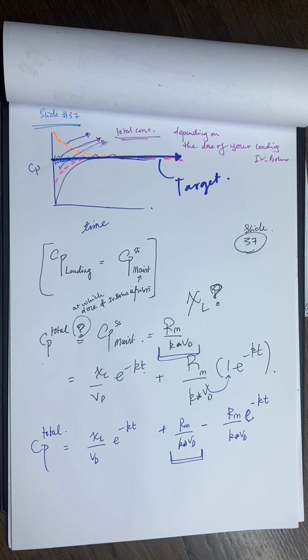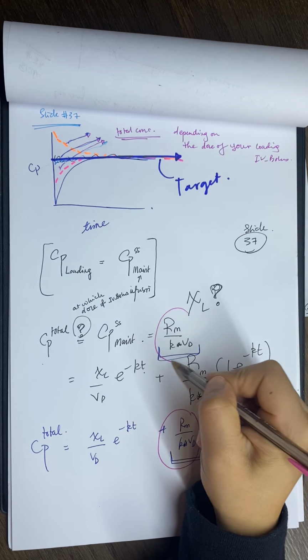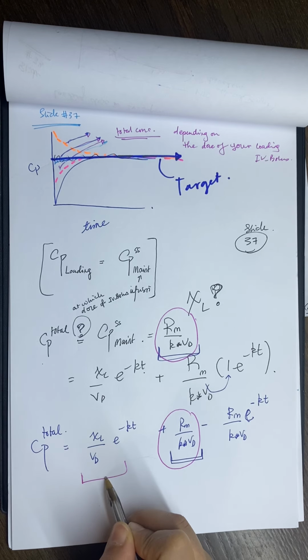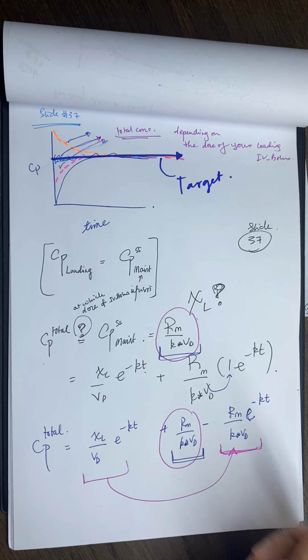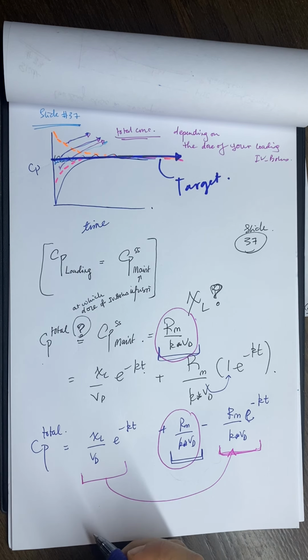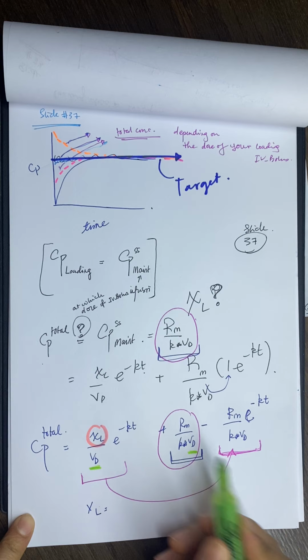Okay, in other words, if this is what I need as a final result, when will this be equal to this? This is my question. If you just look at that, you'll find that your loading dose should be equal to, sorry, this is your loading dose, and see here you have VD, so we are fine.